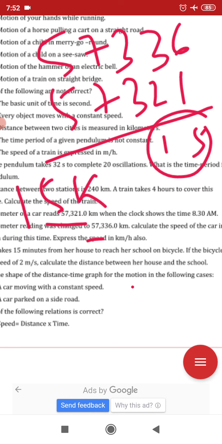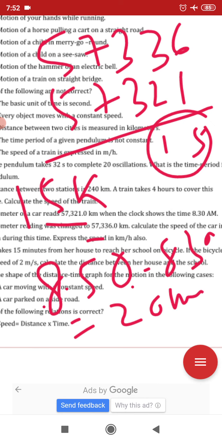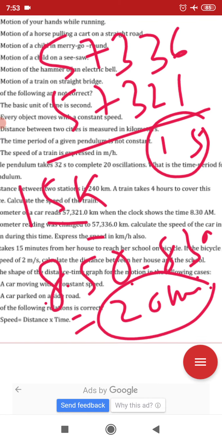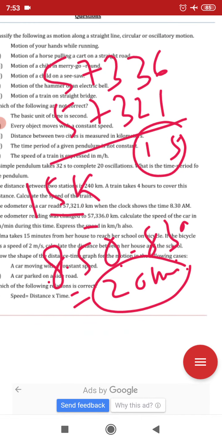Now the difference between the times 8:30 and 8:50. So 8:50 minus 8:30, we are getting 20 minutes. That is the difference of time, and the difference of distance is 15 kilometers. So 15 kilometers is covered in 20 minutes. Here we need to find out the distance covered by the car in 1 minute, not train.